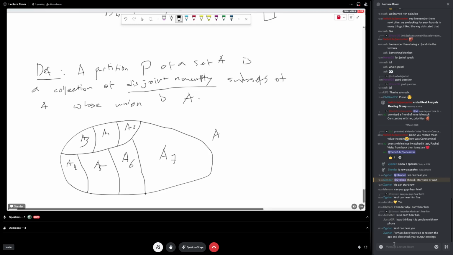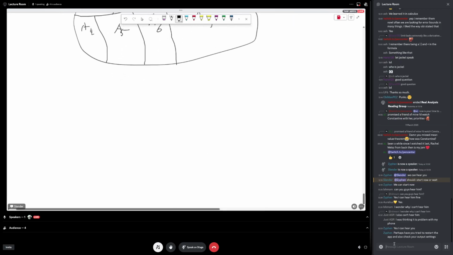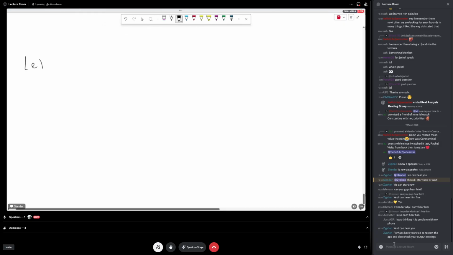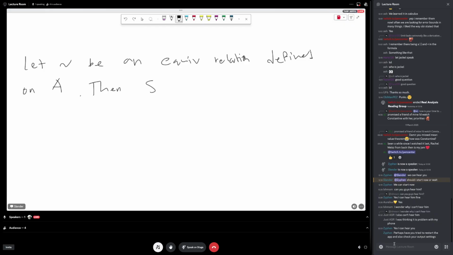So the next theorem we have is very important, which shows that, let's say we have an equivalence relation. So this is very important.